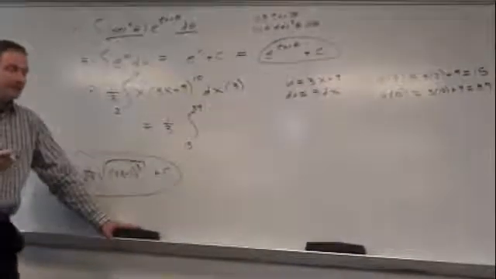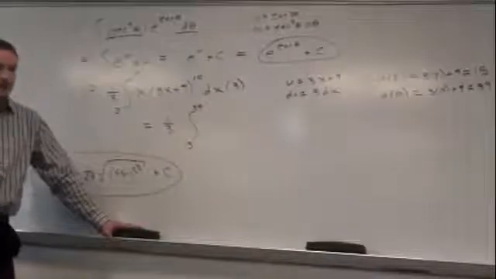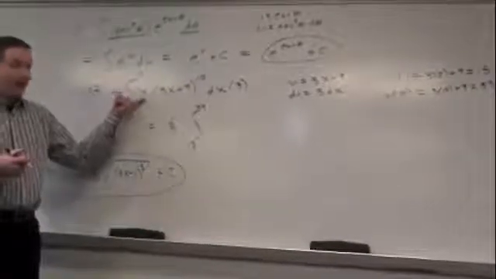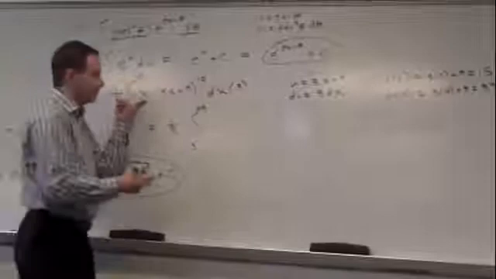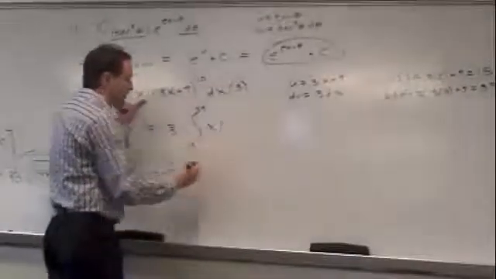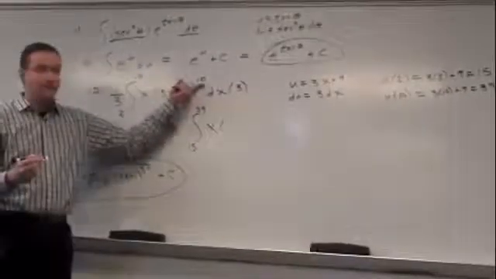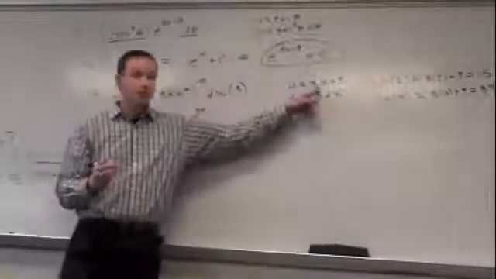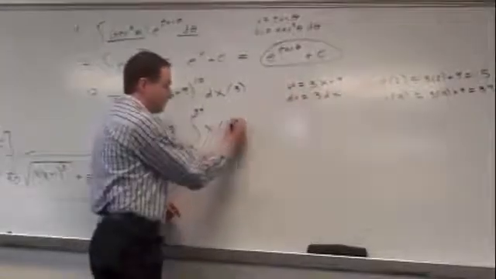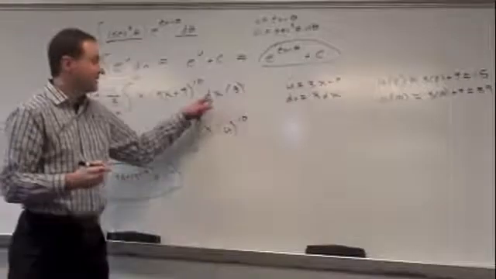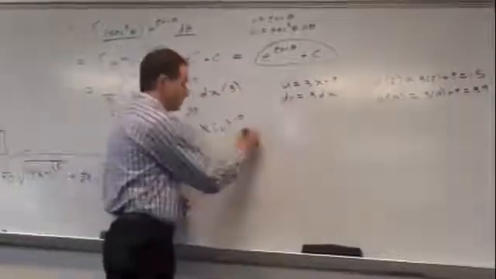Now, the only thing I have not accounted for yet, and I purposely did this, I'll show it in the next step, I haven't accounted for that x. I'll leave it in there. This group 3x plus 9 to the 10th is just u to the 10th. 3 dx is du.